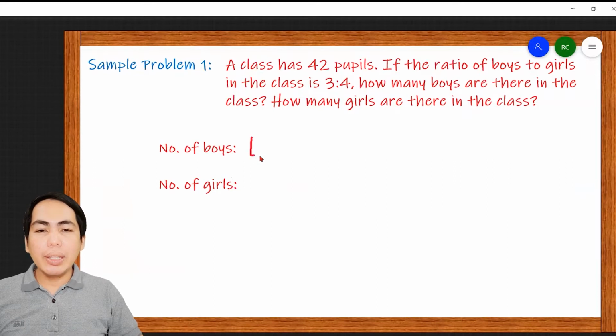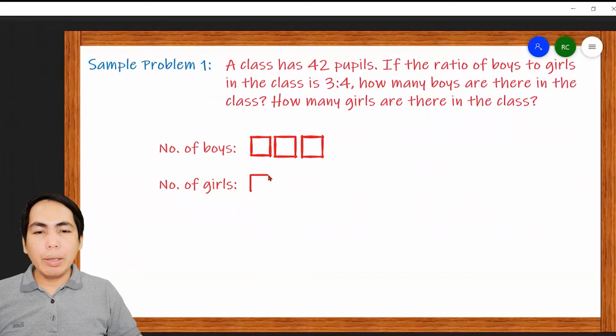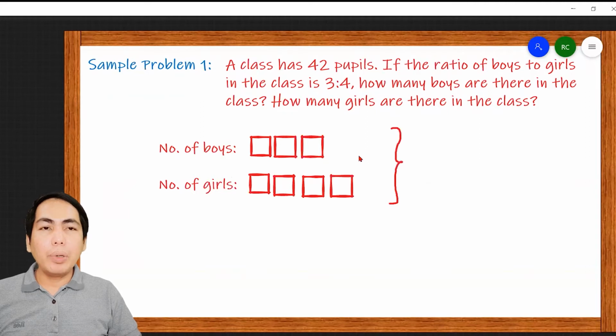So let us say that these blocks represent the number of boys. So there are 3 blocks for every 4 girls represented by 4 blocks. The total number of pupils in the class is 42.